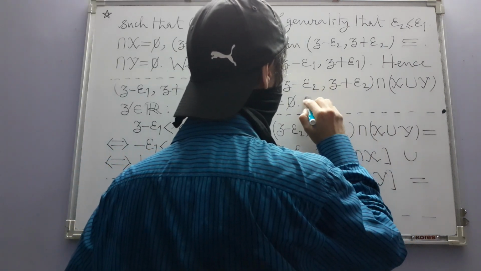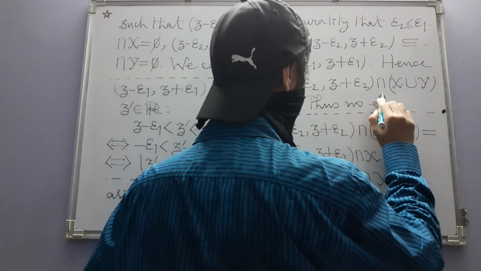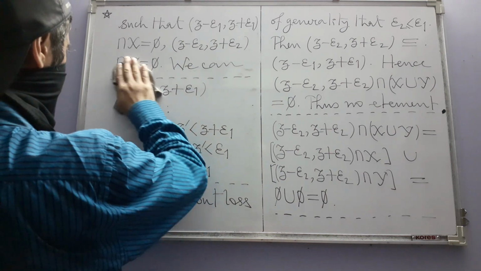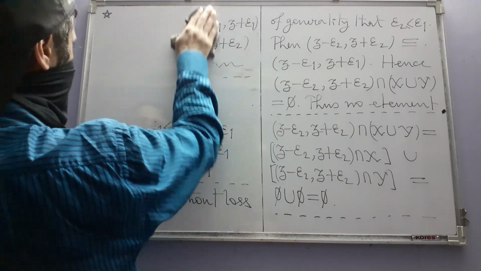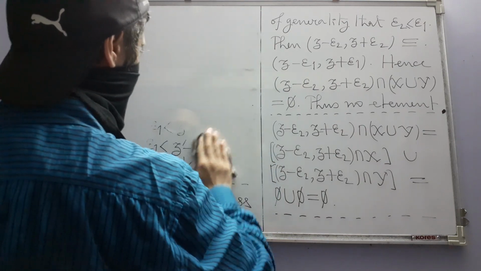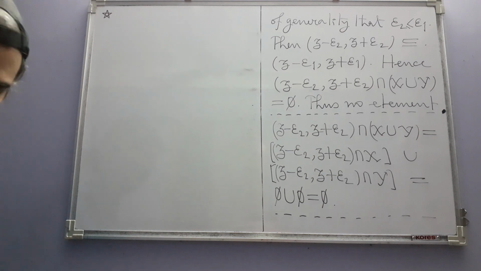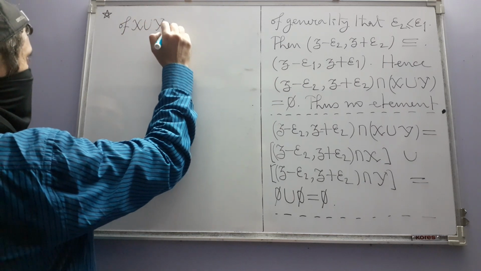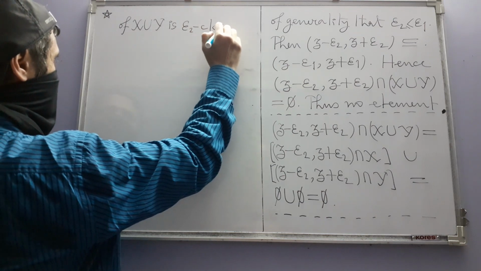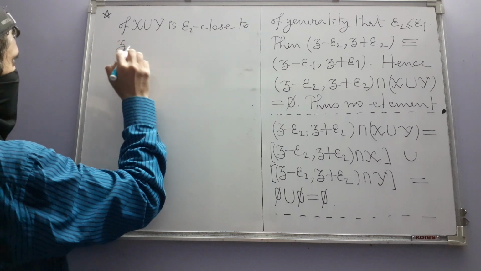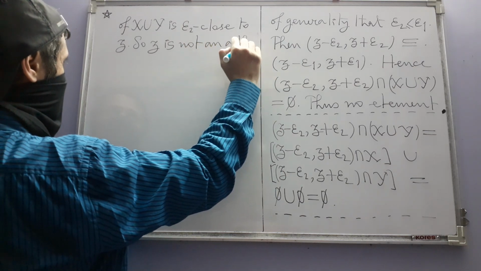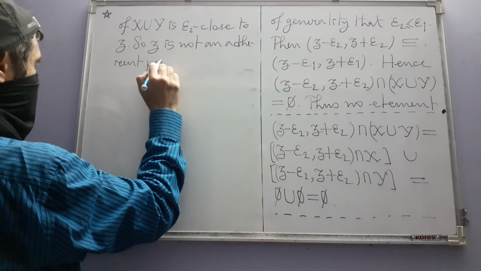So we can write: thus, no element of X union Y is epsilon too close to Z. So Z is not an adherent point of X union Y.